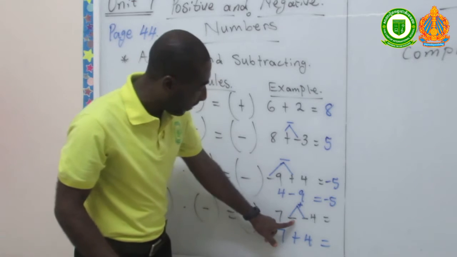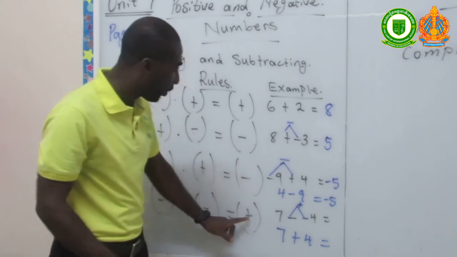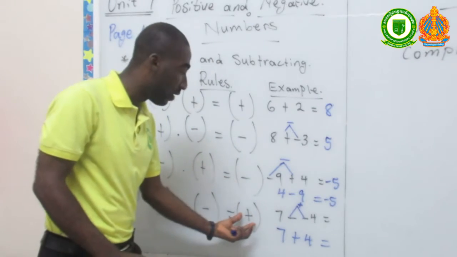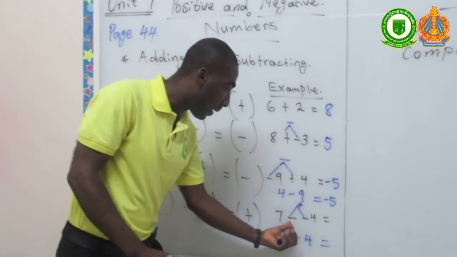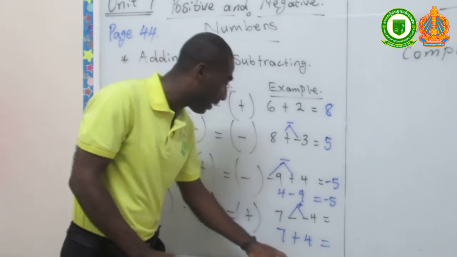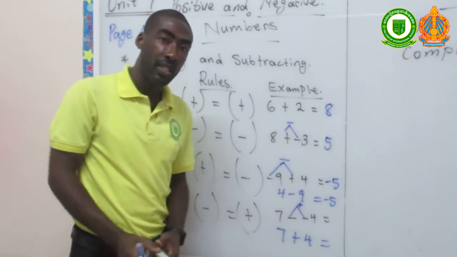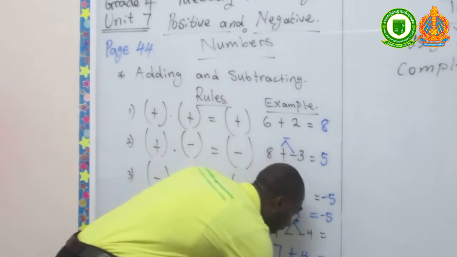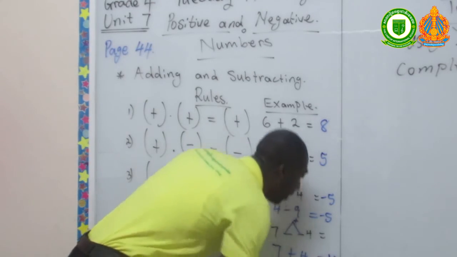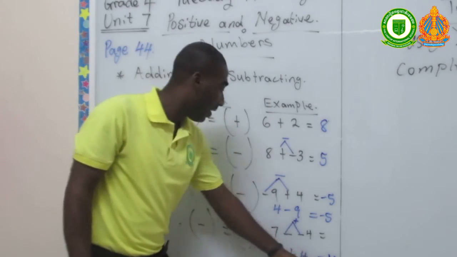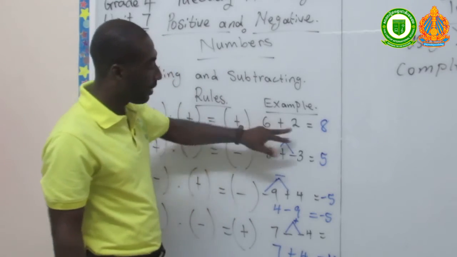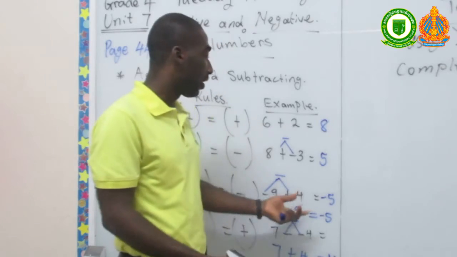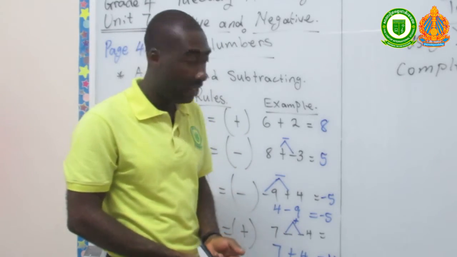You see the negative here and the negative here has changed to become a positive sign here. And that is what the rule is saying. Minus coming together with a minus should give you a positive sign. So we have 7 plus 4, and that will give us 11. Using these rules, this is how you can do your addition and subtraction of your figures.